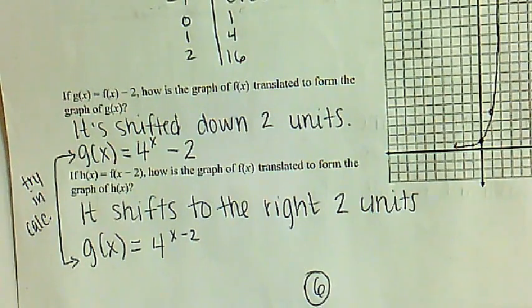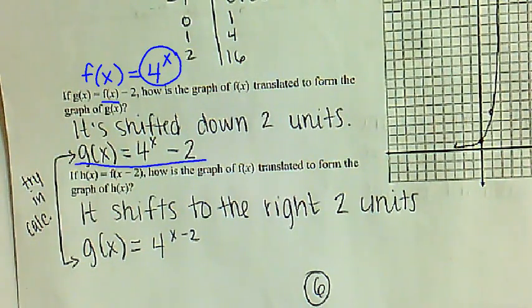This is very similar to how you substitute in. So f of x is equal to 4 raised to the x power, and we want to take that and subtract 2 from it. Okay, so this becomes our new function.